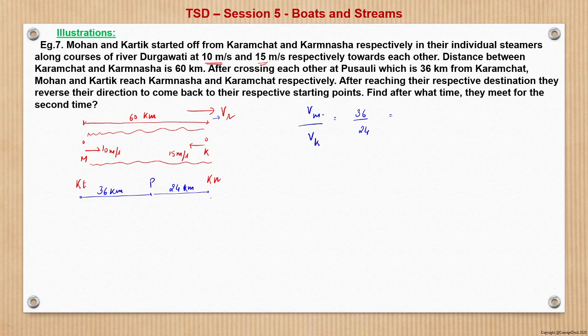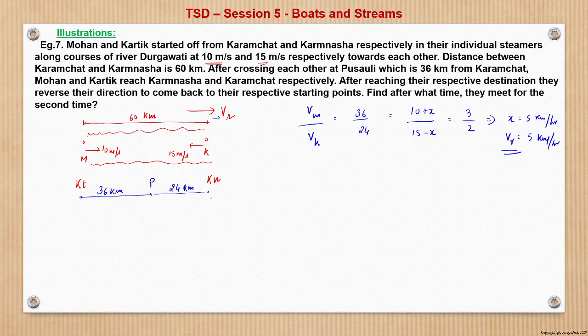Effective velocity of Mohan, a downstream velocity, because Mohan is moving downstream, will be 10 plus x, and Karthik is moving upstream, which is 15 minus x, and this is nothing but 3 is to 2. From here we will get x is equal to 5, where x is nothing but velocity of river, that is 5 kilometer per hour. This is the one part which we have arrived at.